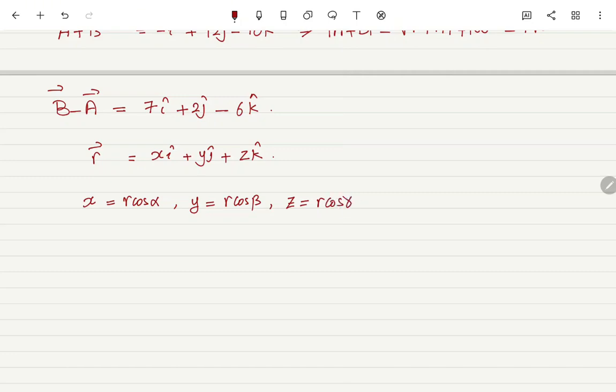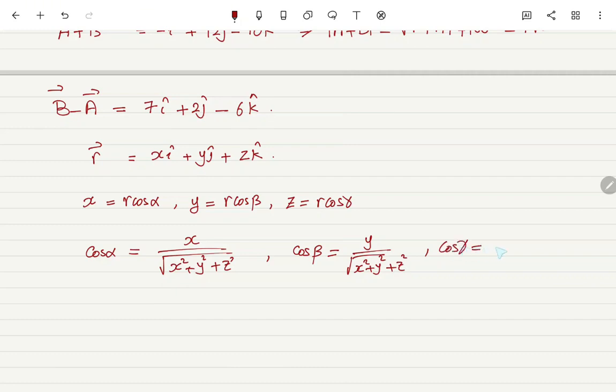Now this is the same definition of vector A as we mentioned previously, and cosine alpha equal to x over square root of x squared plus y squared plus z squared, and cosine beta equal to y over square root of x squared plus y squared plus z squared, and cosine gamma equal to z over square root of x squared plus y squared plus z squared.